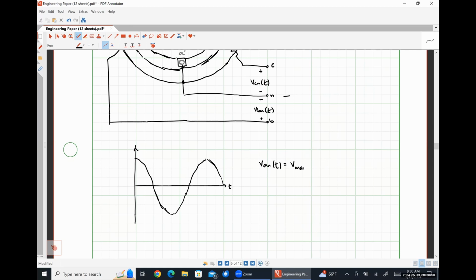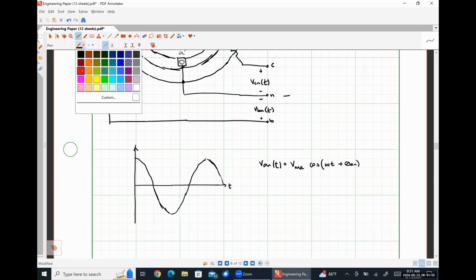So this is the magnitude of the A phase voltage, cosine omega, the speed at which our rotor is spinning, T, plus theta AN, where we made an assumption here that we're starting at 0, but we might play around with that. Okay.